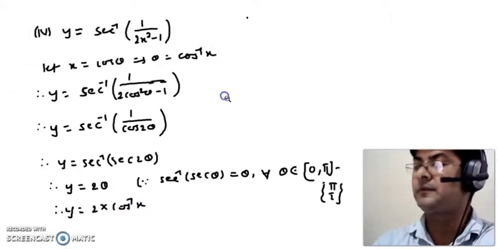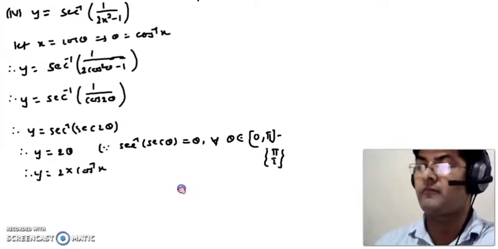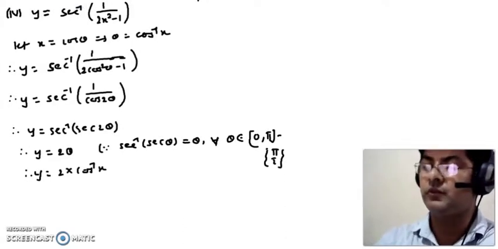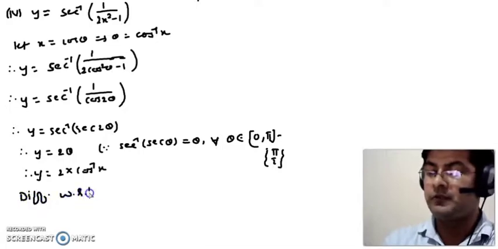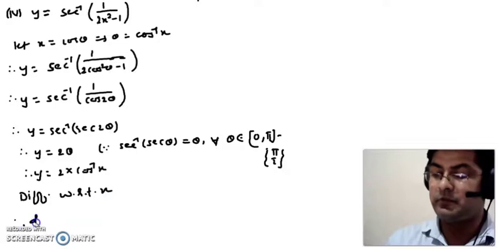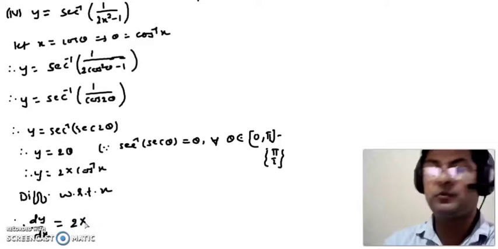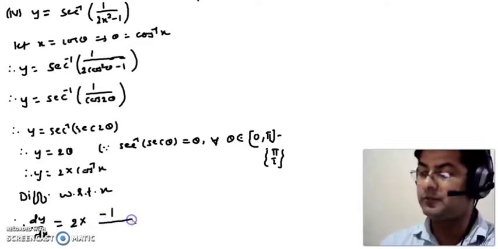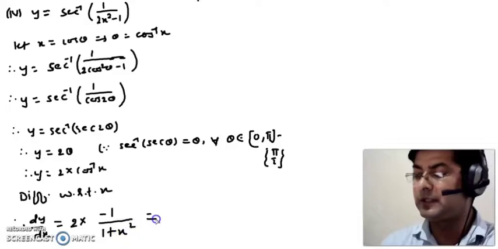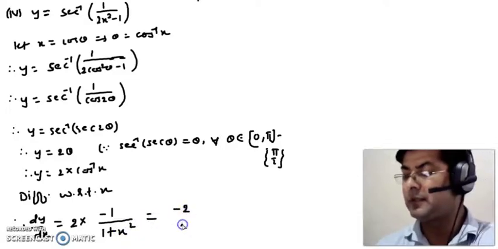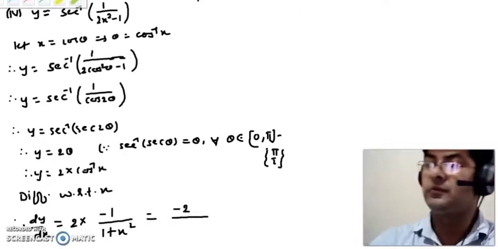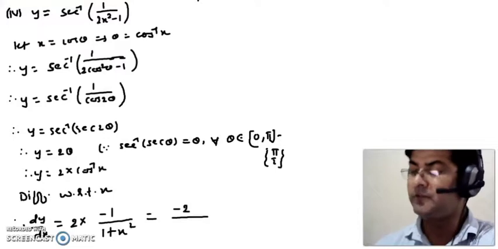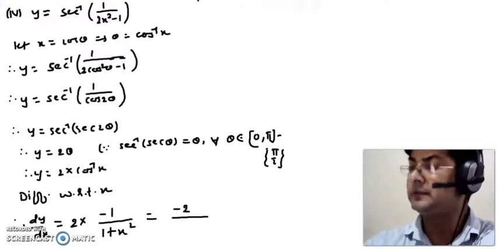And therefore, differentiating with respect to x, dy by dx will be equal to 2 into the differentiation of cos inverse x.